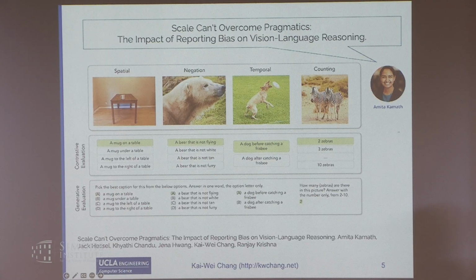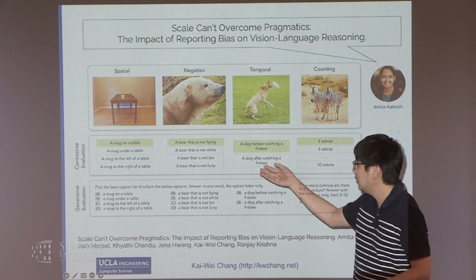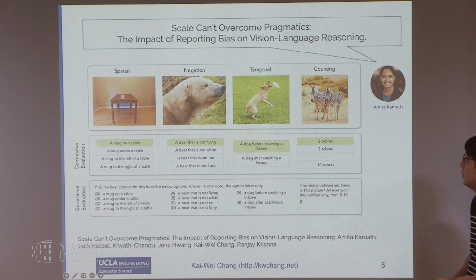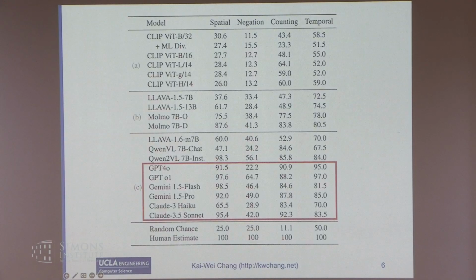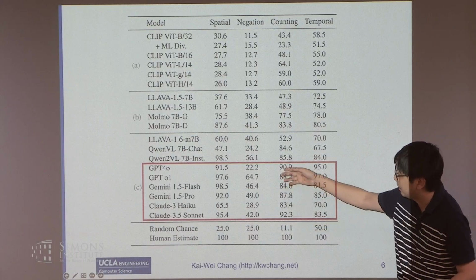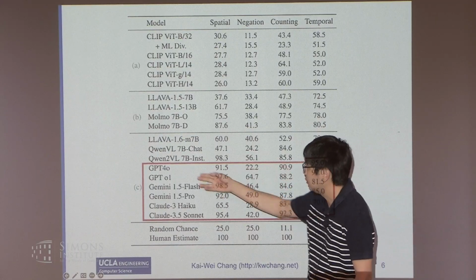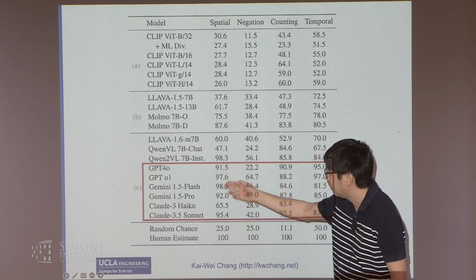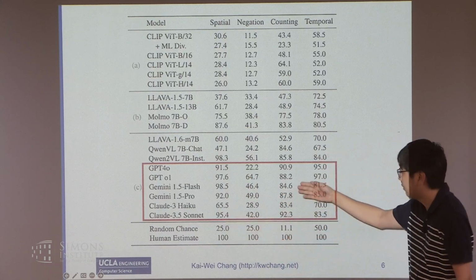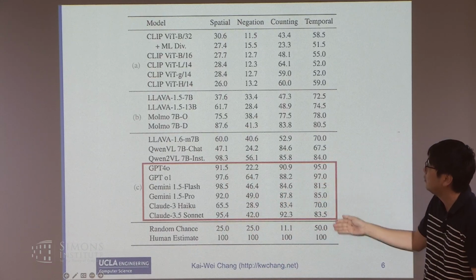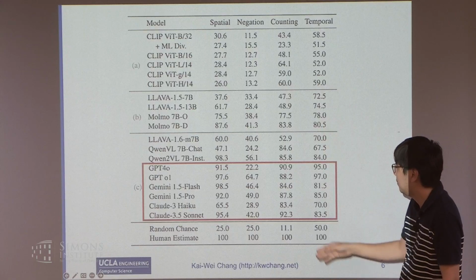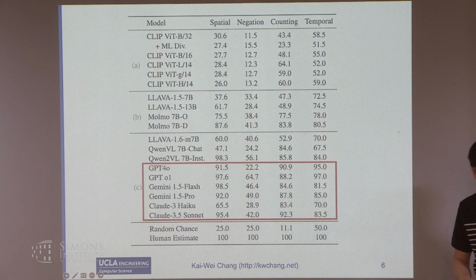And also, if you have a sentence with some negation, many big language models cannot handle that, and also for temporal or counting, those are things where vision language models, even with a very large size, still cannot achieve 100%. As you can see, we have a benchmark with ChatGPT, GPT-4, Claude, Gemini, and for some dimensions they do much better than the smaller models, but for some dimensions they still do not achieve 100%. Even though this is kind of a simple question.